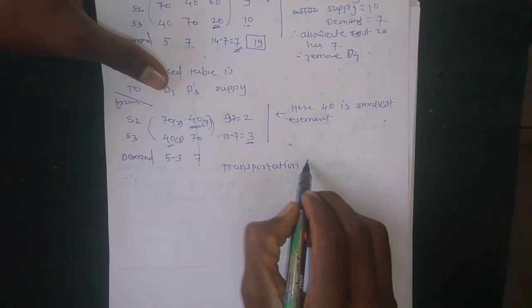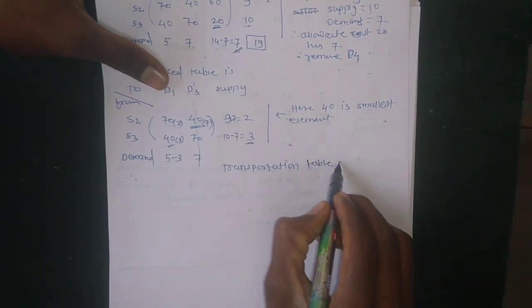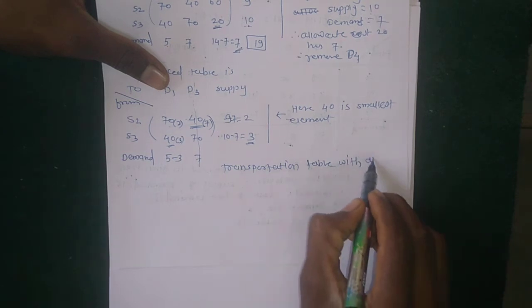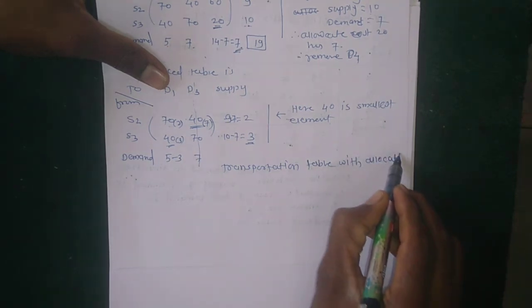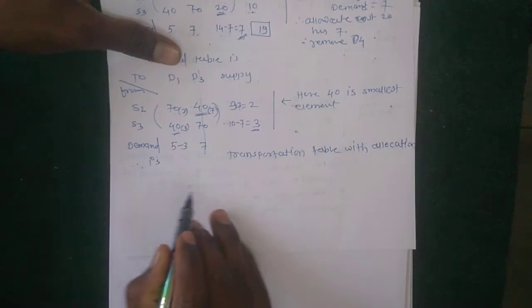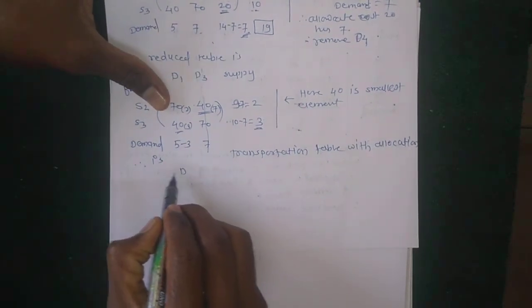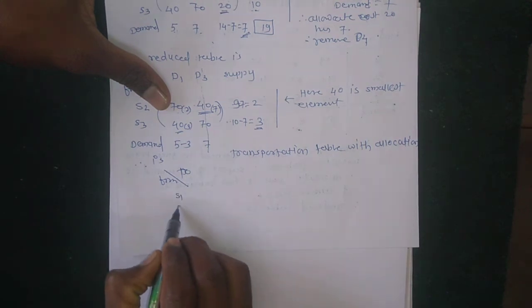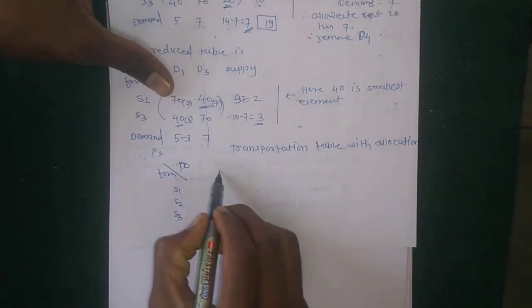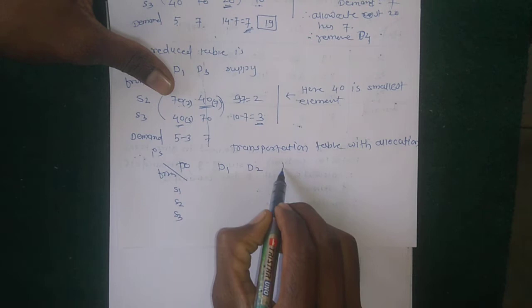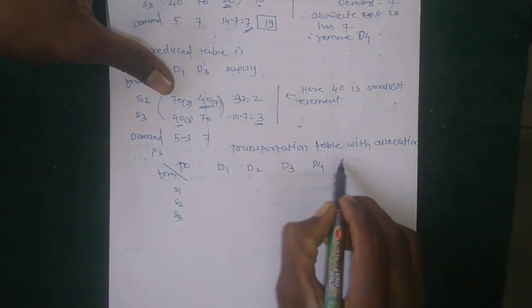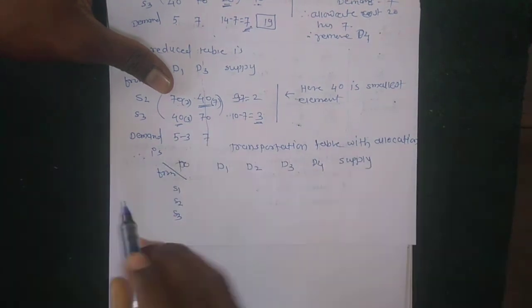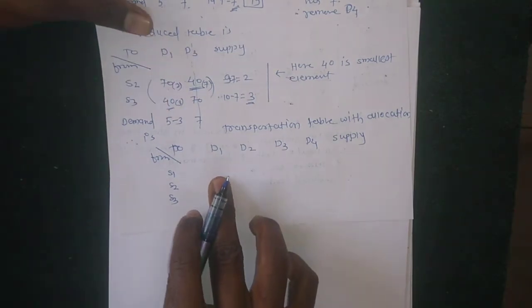Therefore the transportation table with allocation is: here S1, S2 and S3, here D1, D2, D3 and D4, and here supply. So put their values.